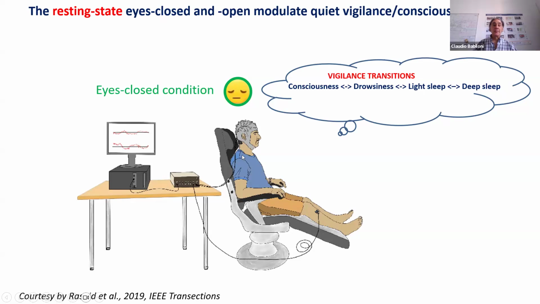In the picture, you see a person who is psychophysically relaxed in an armchair, in a comfortable position. You can see the EEG helmet with the scalp electrodes and some control sensors for recording electromyographic activity. And you see that the experimenter can follow the EEG activity on a computer monitor.